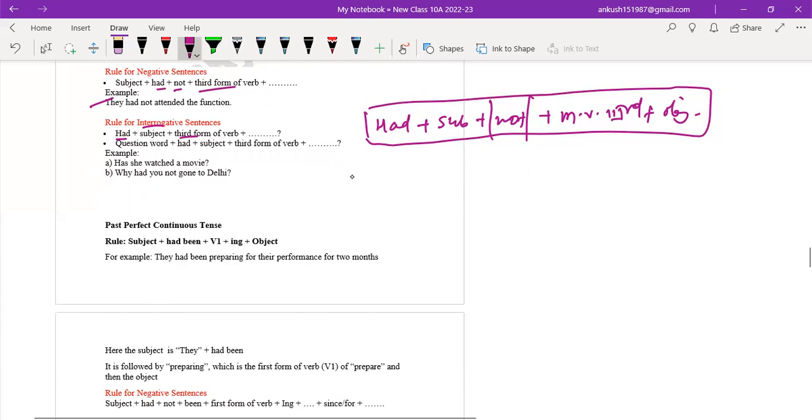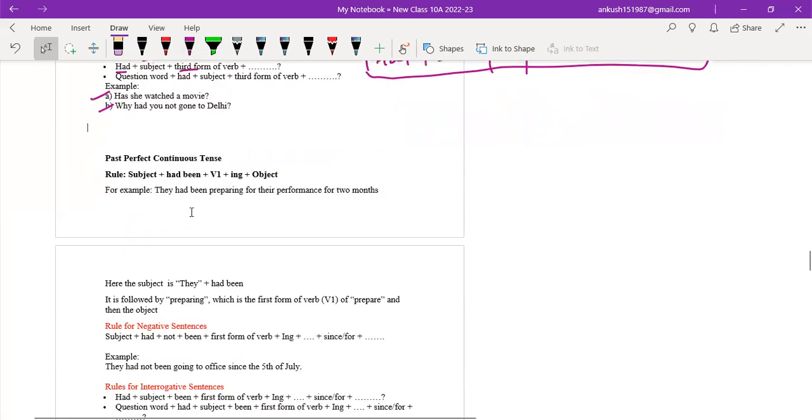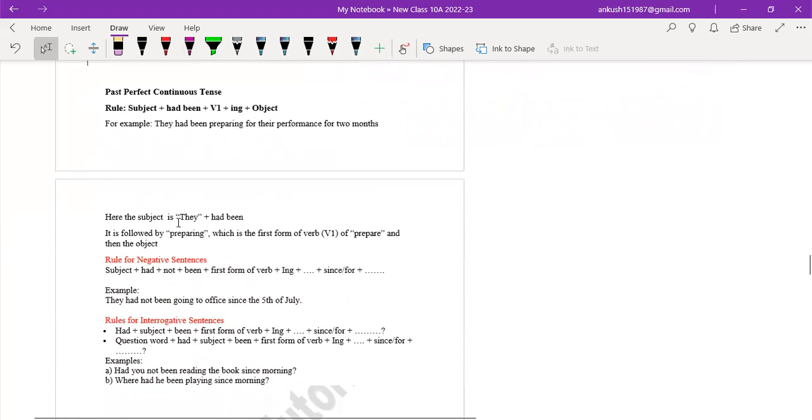Okay. Example is, has she watched the movie, or why had you not gone to Delhi? Why had you not gone to Delhi? This is an explanatory sentence. I did not say exclamatory, I said explanatory. Okay. So be careful while listening.